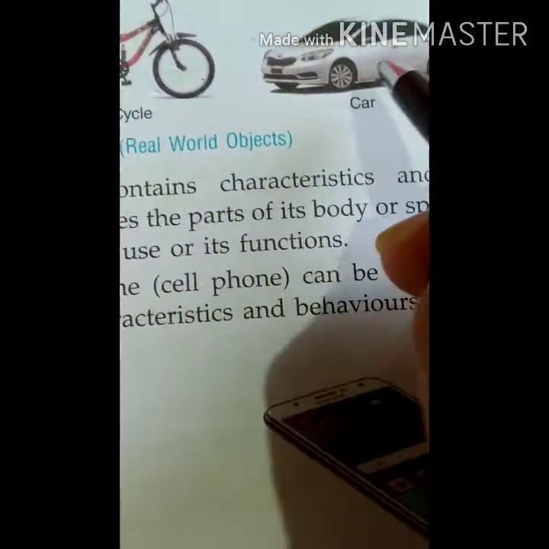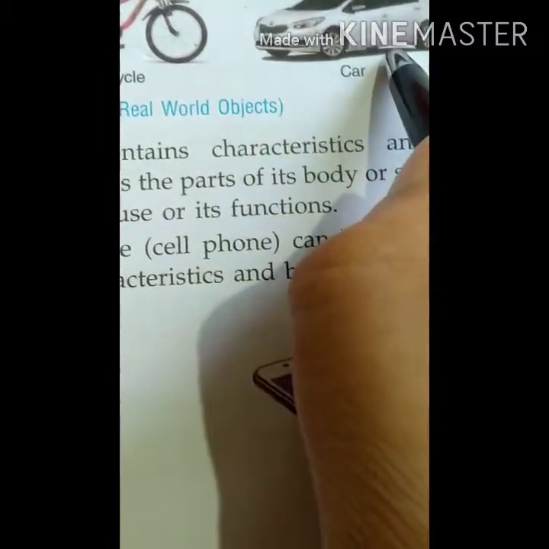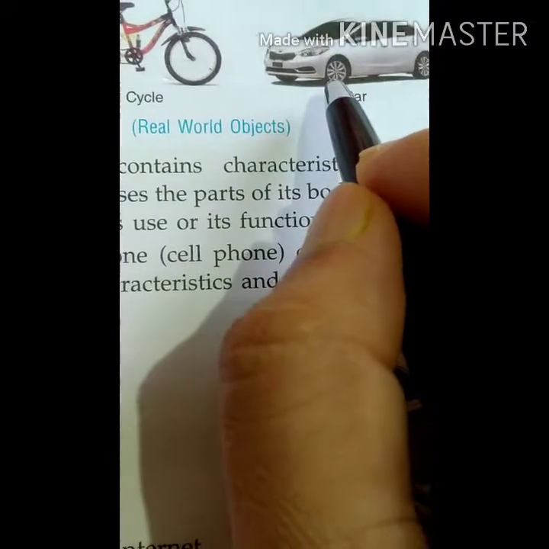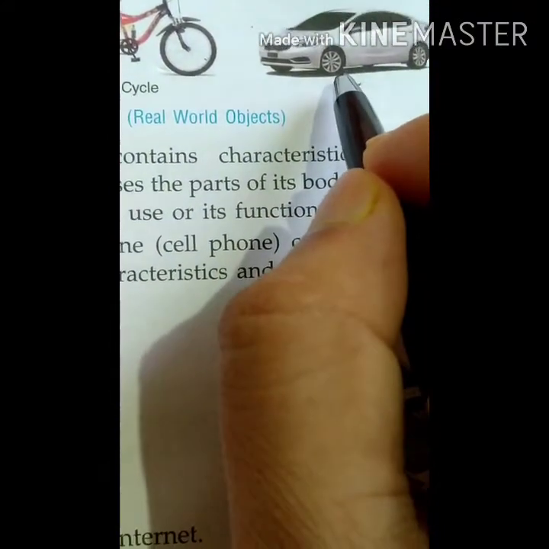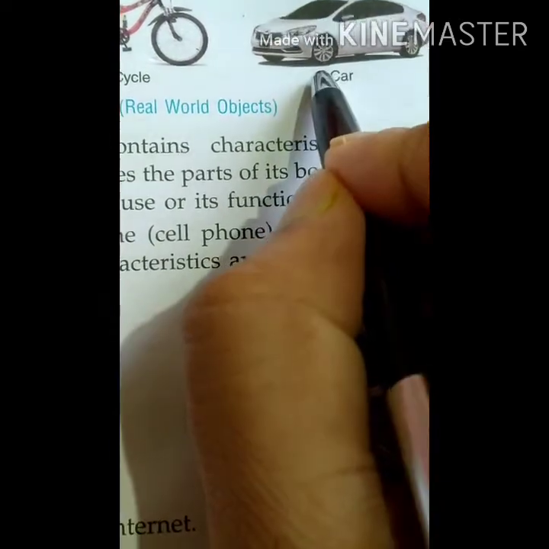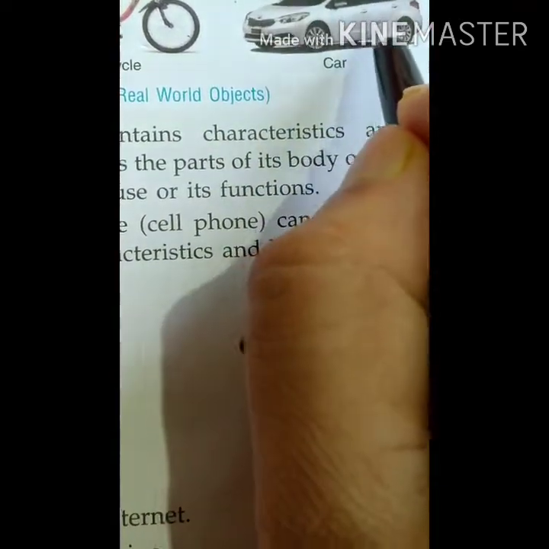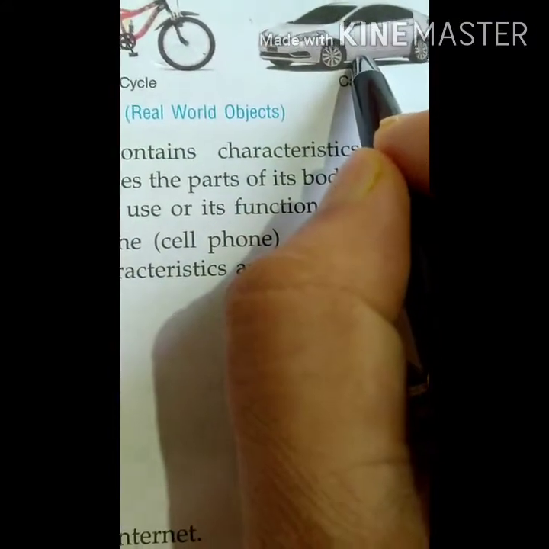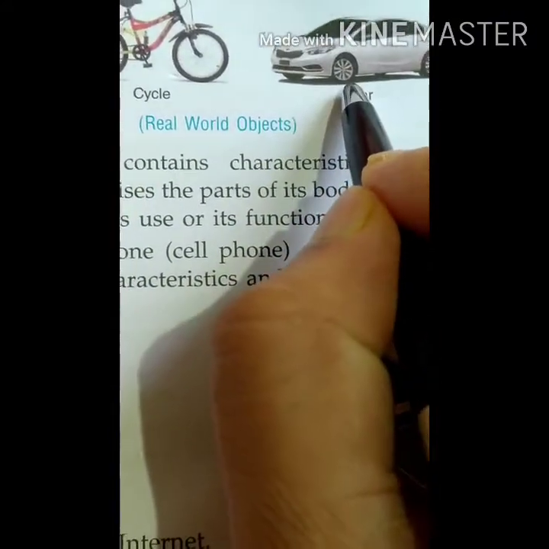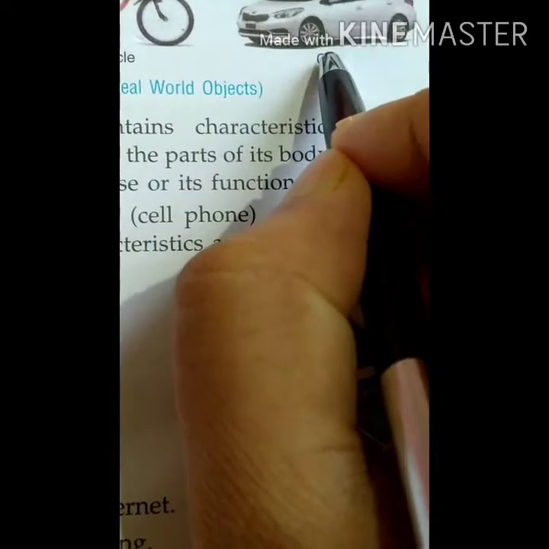So one more example I am trying to describe to you. I am taking an example of this car. So engine and fuel systems and these wheels, these are all internal parts of a car. So we do not need to know the internal mechanism of a car.